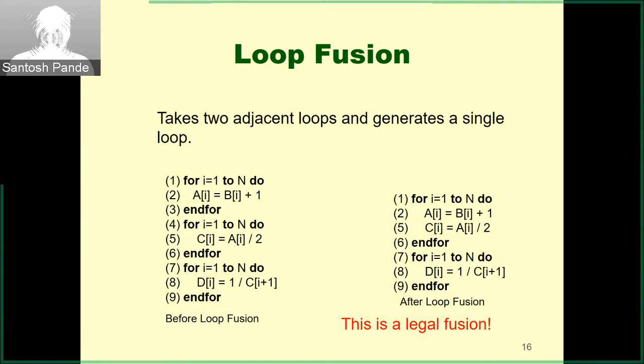So, as I said, we can first fuse just the two, and we can leave out the last in terms of fusion, and that will lead us to, of course, gaining some locality for A, but not gaining some locality for C.